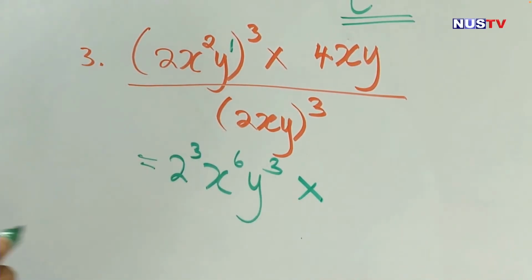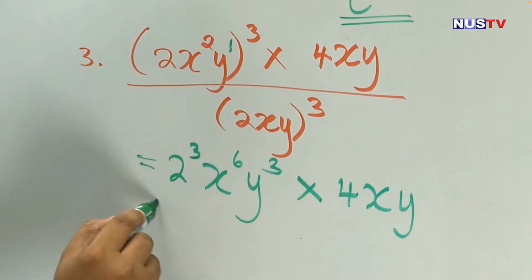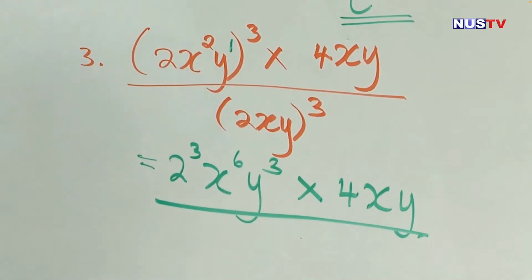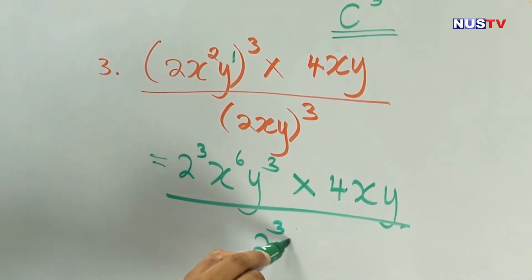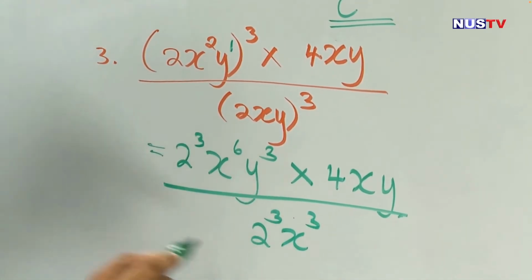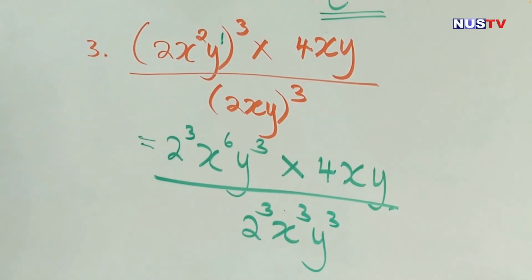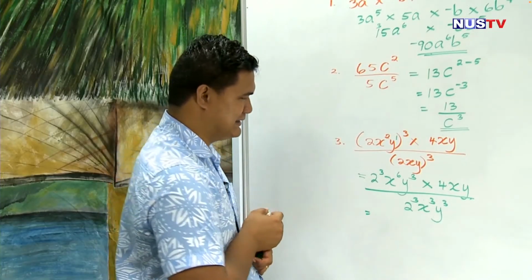All of that will be multiplied by 4xy, all divided by 2 raised to the power of 3. So 2 to the power of 3, x to the power of 3, and y to the power of 3 as well. Now 2 to the power of 3 is equal to 8.